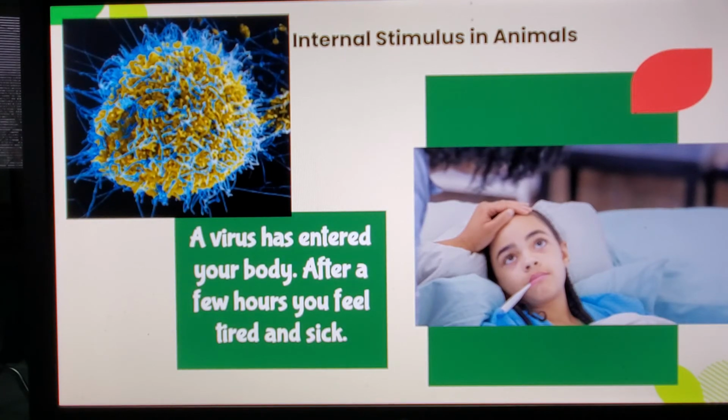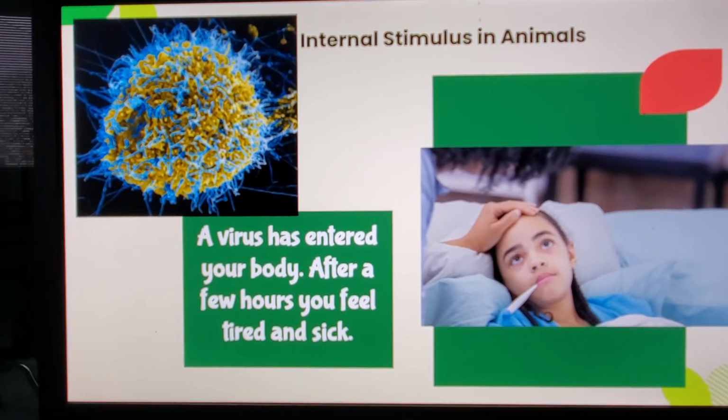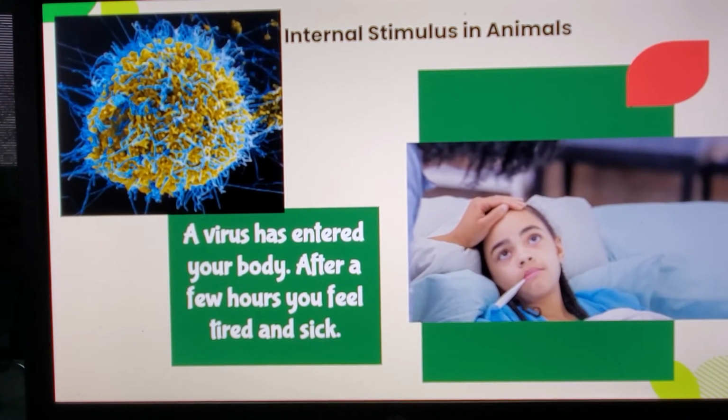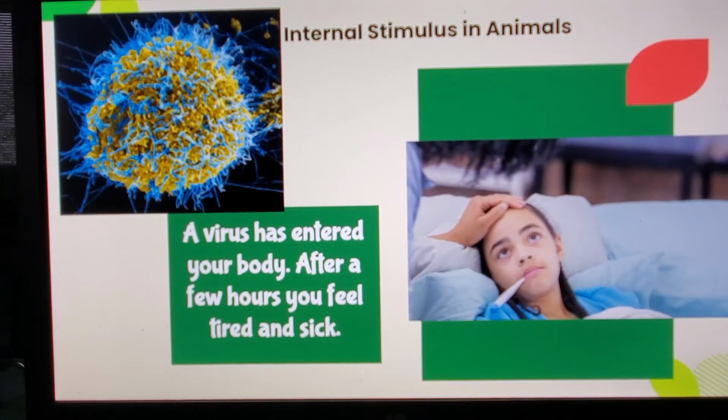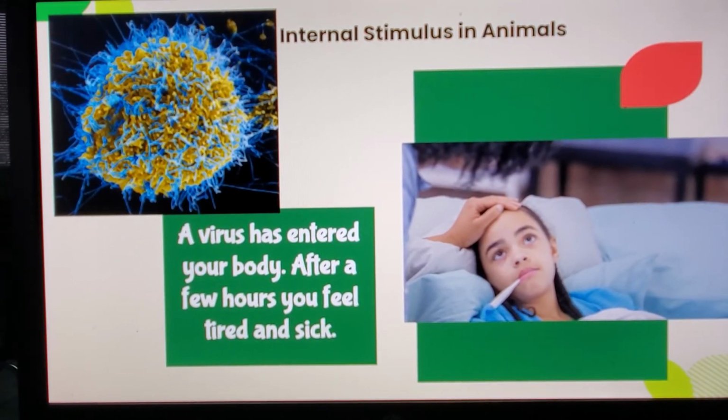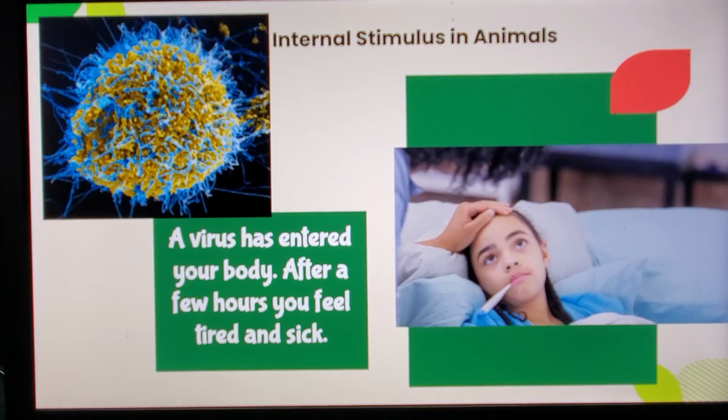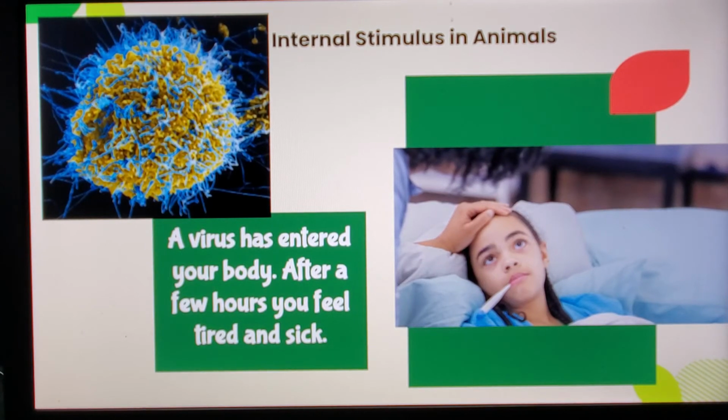So if it can raise your temperature, then hopefully it will kill that virus. But yeah, it will make you feel tired and sick for sure. And then your body will respond by jacking up the temperature.